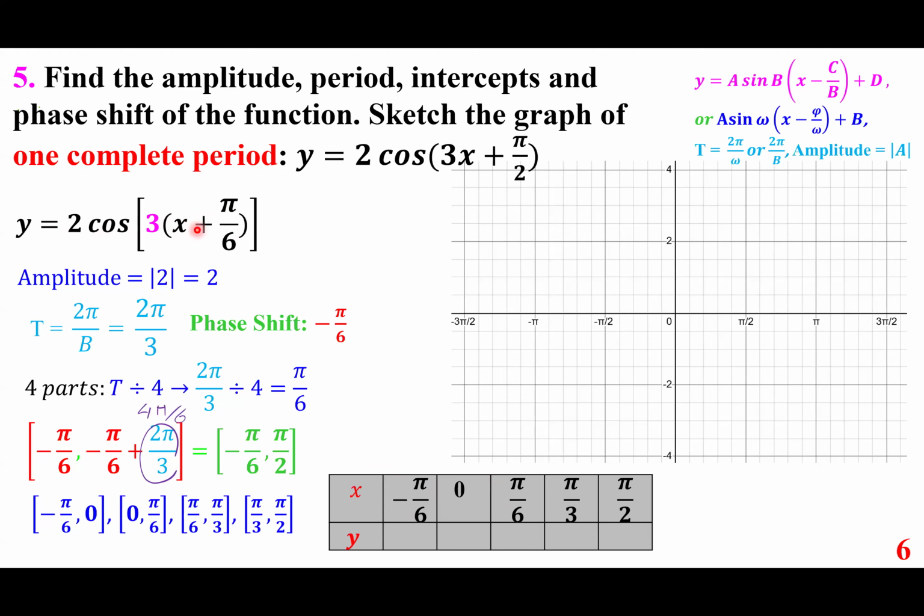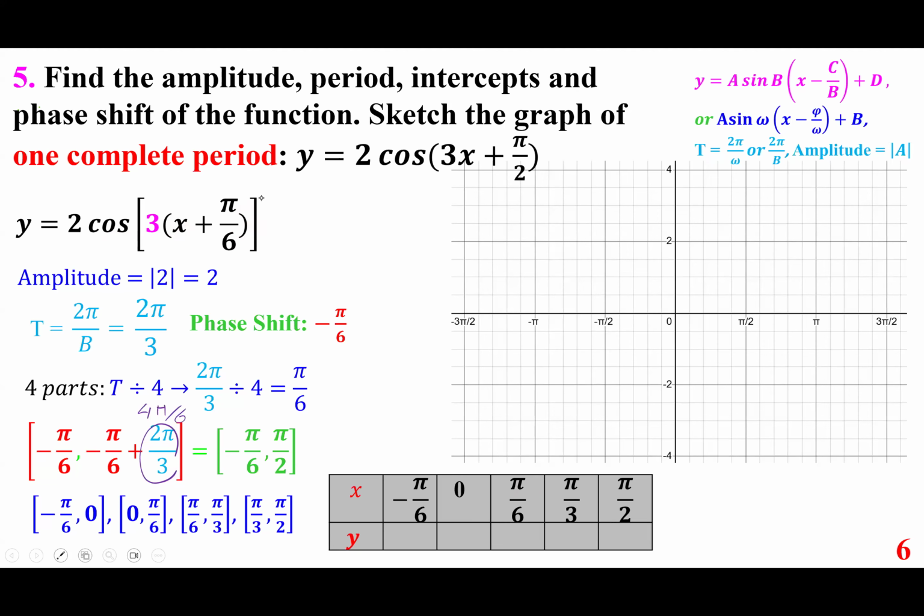If I put pi over 6 and pi over 6 is 2 pi over 6, or pi over 3, times 3 is pi. Sorry, 2 pi over 6 times 3 makes it pi, and cosine of pi is -1, and we get -2.